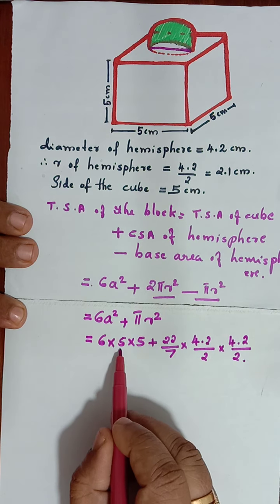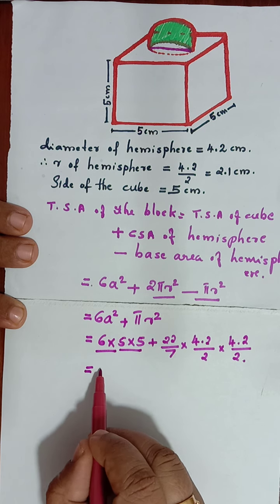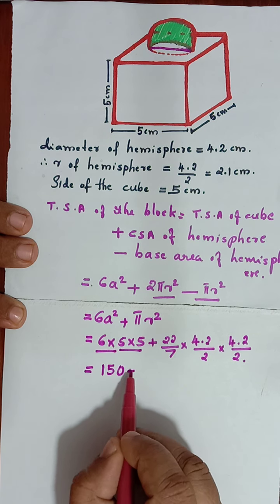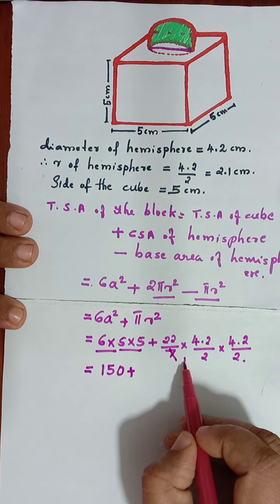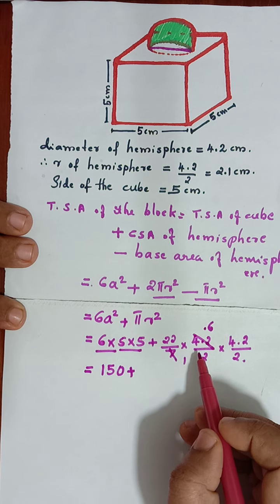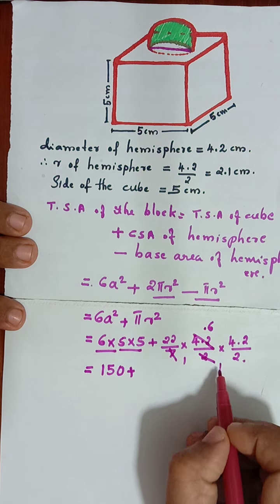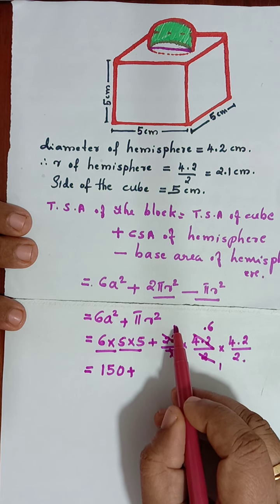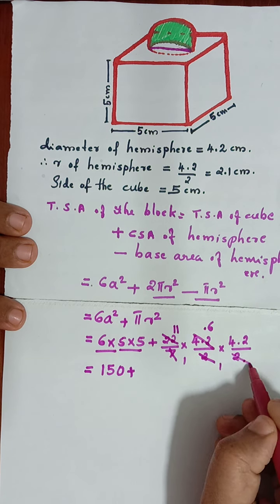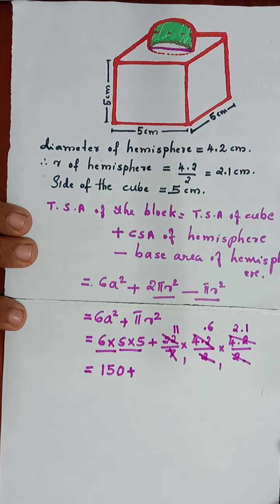We have to simplify. 5 5s are 25 into 6. 25 into 6 is 150 plus, we shall divide this. 7 6s are 42, so 0.6 we are getting. By 2 we can cancel once. Here it is 11 times. Again by 2 we can cancel this. Here 2.1 we are getting.